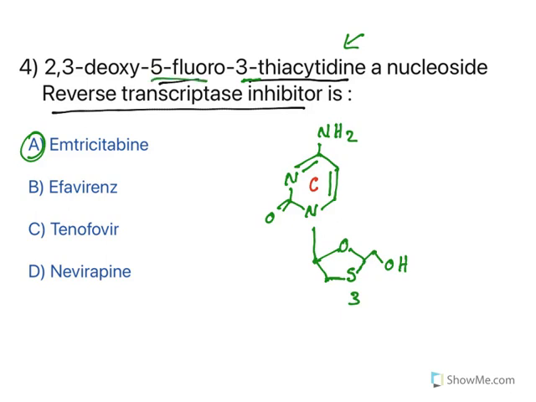But the structure also has a 5-fluoro group. This is atom 1, 2, 3, 4, and this is the 5th position, where you have a fluorine atom. So you need to know the nitrogen bases, then the deoxyribose sugars, and the positions, then you will be able to write the structure. This is related to emtricitabine.